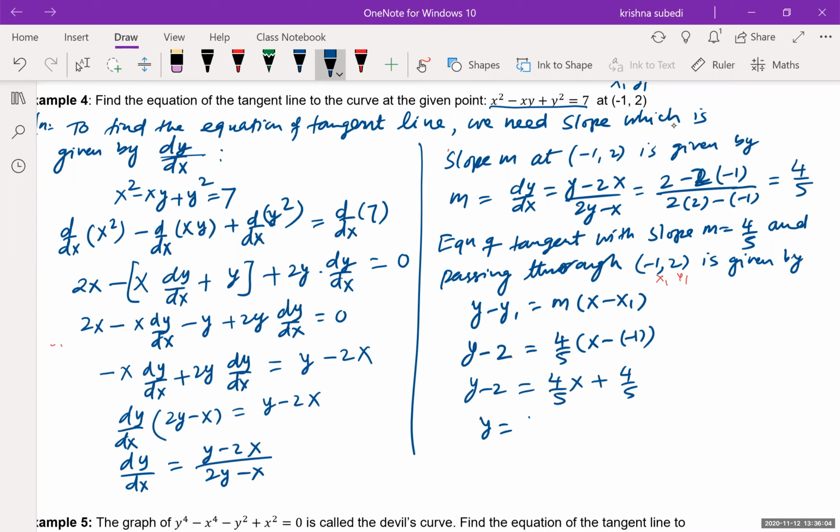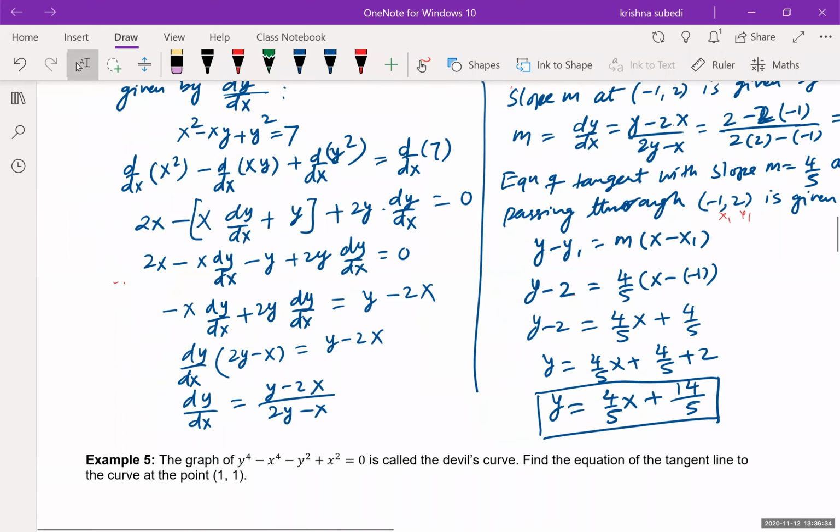So y equals 4 over 5x plus 4 over 5 plus 2, which means y equals 4 over 5x plus 14 over 5. So this is our equation of the tangent line to the curve at the point negative 1 and 2.